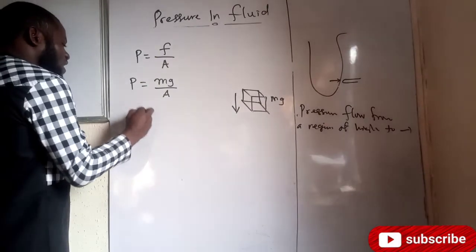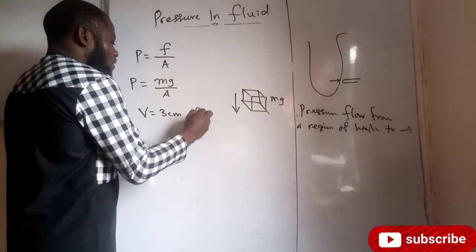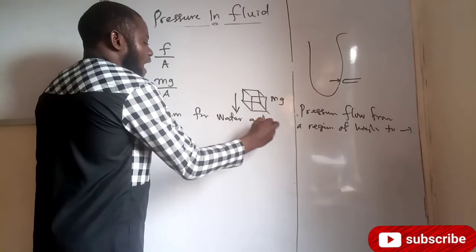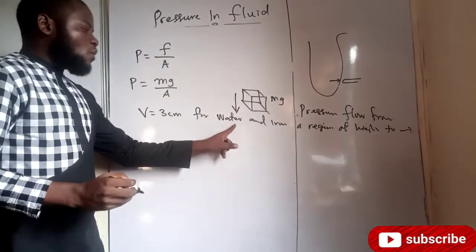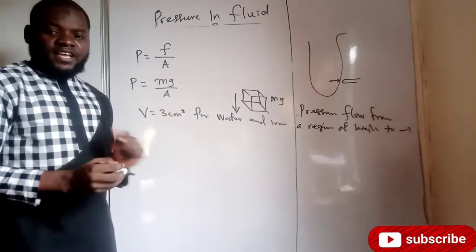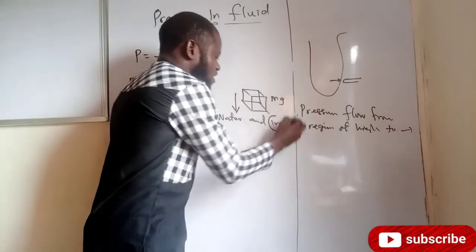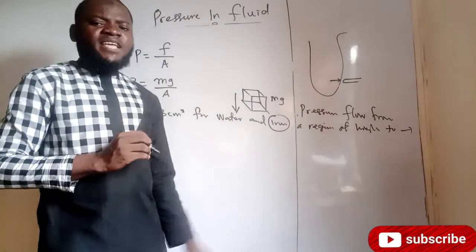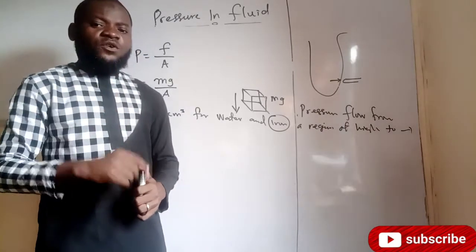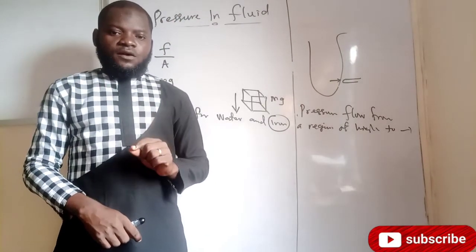If I have a volume of 3 cubic centimeters of water and iron, that is, the water is 3 cm cube and the iron is also 3 cm cube, which one do you think will be heavier? It will be the iron. Why will the iron be heavier? Because of a certain factor, and that factor is the density.